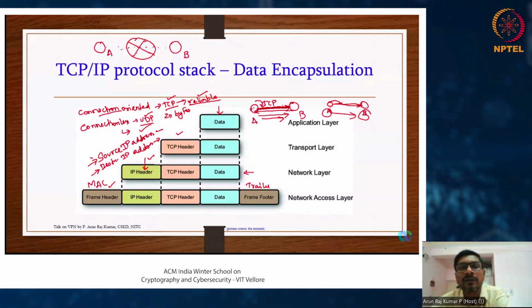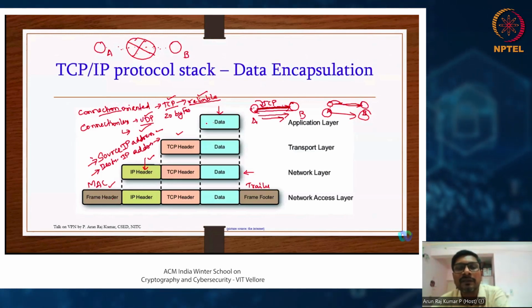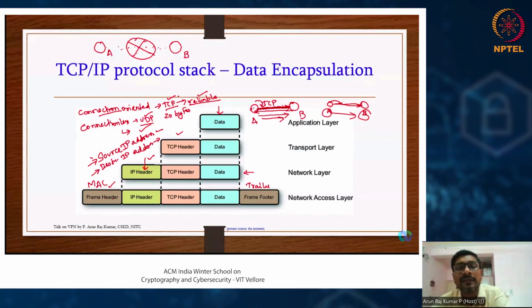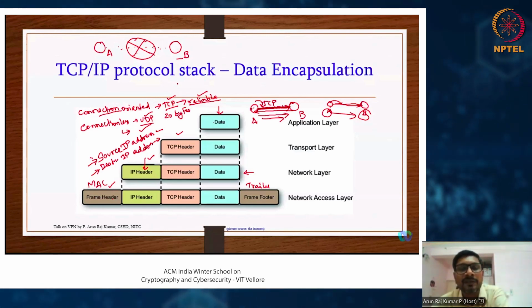All the routers in between have to process this packet. If we send only the data, the router will not have this information. So the router needs some additional information with respect to the data. That's why these headers are helpful when we are routing the data from one point to another. This portion we call data encapsulation, with respect to the TCP/IP protocol stack.